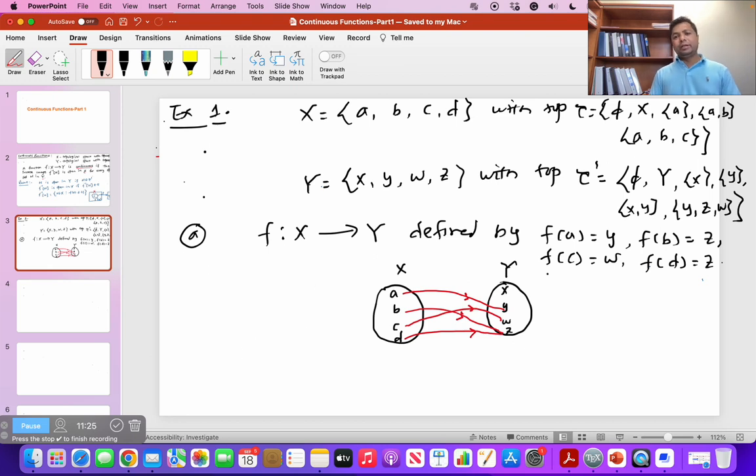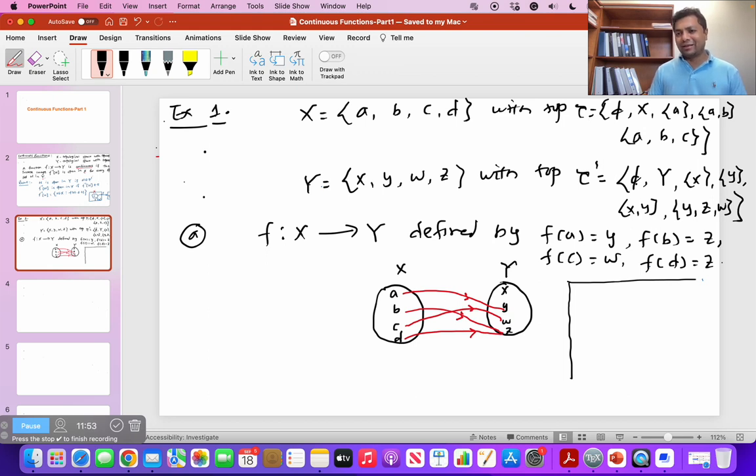Now we want to investigate whether this function is continuous or not. According to the definition, if this function is continuous, then the inverse image of each element of this topology tau prime has to be one of the elements in tau. Now let's take a look.